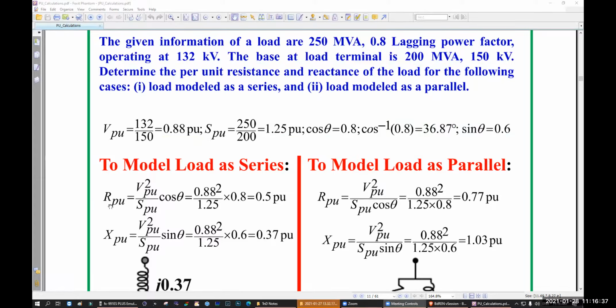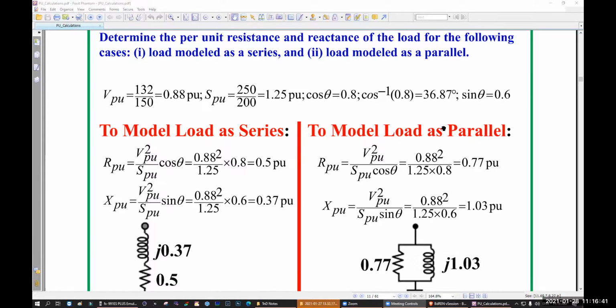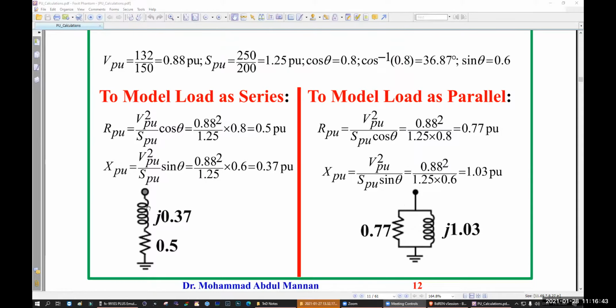Now you find out the RPU, XPU, everything is same, parallel and series. Series means what? Your resistance and your reactance will be in series. And parallel means what? Your resistance and your reactance will be in parallel.